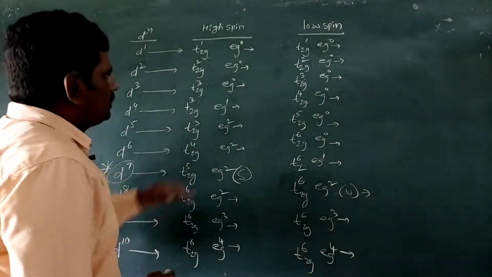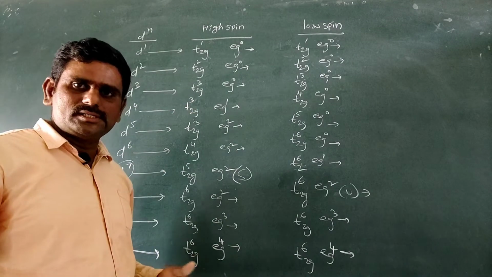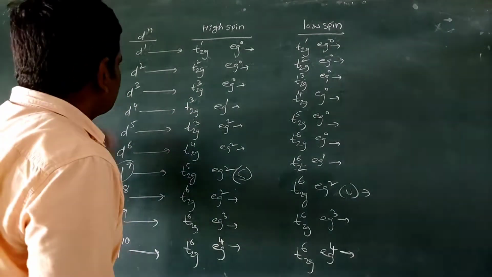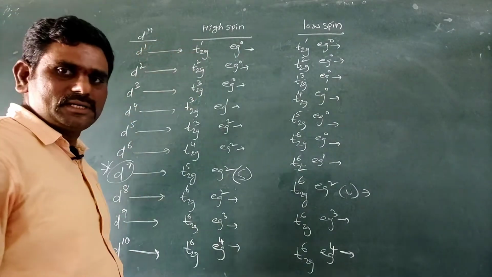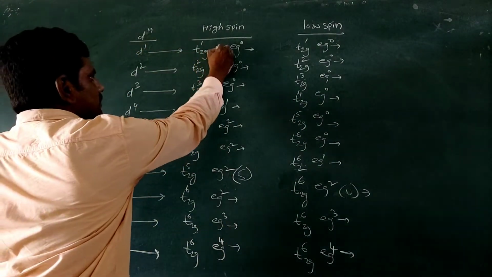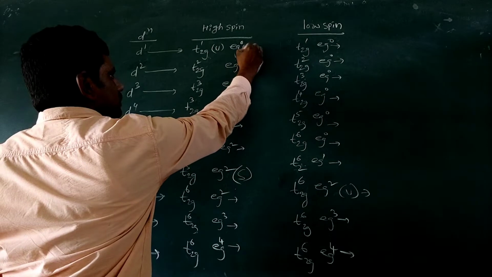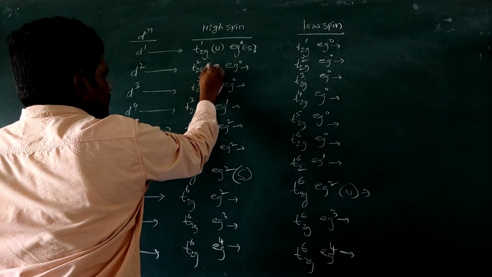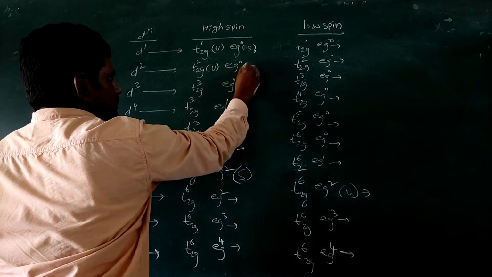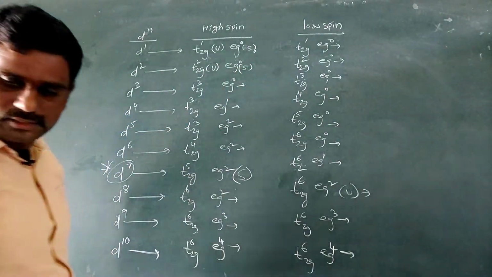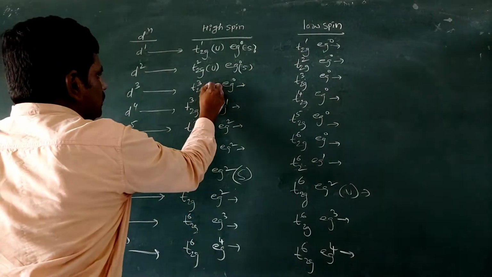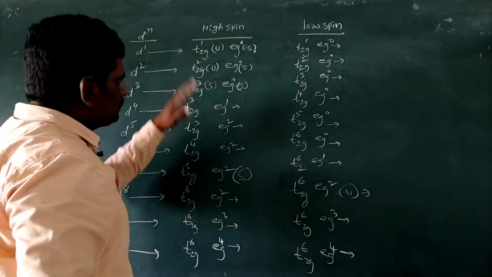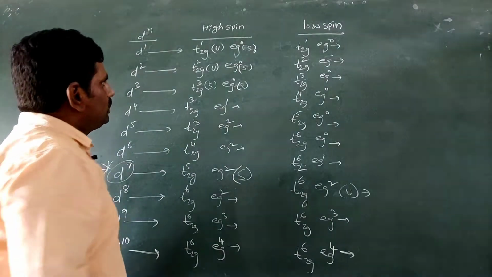See here where no distortion, slight distortion and strong distortion appear. See students, we already have the symmetric conditions. T2g1 means unsymmetric, eg0 is symmetric. In this way you have to find. And next one, T2g3 symmetric, symmetric. Like that you can write all.